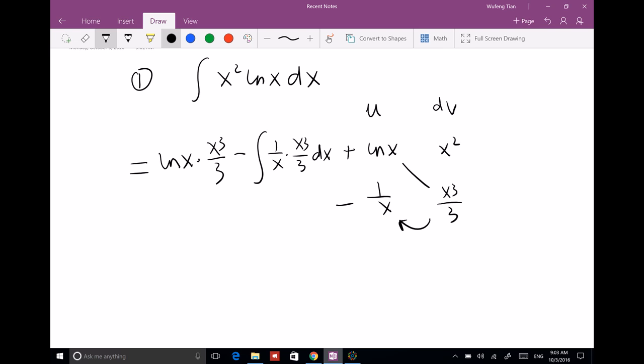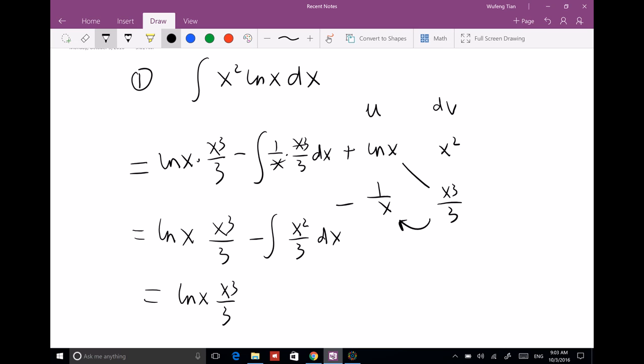Then you reduce that: ln x times x cubed over 3 minus, x cancelled out, is x squared over 3 dx. So the final answer is ln x times x cubed over 3 minus x cubed over 3 over 3, and then 3 times 3 is 9, plus c.